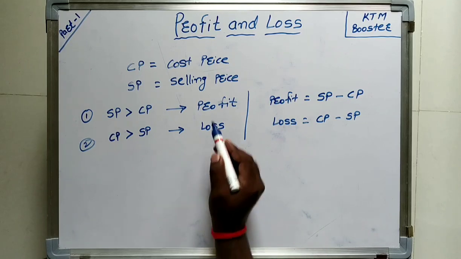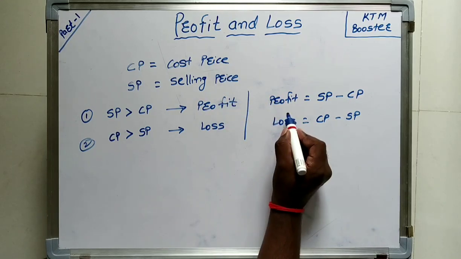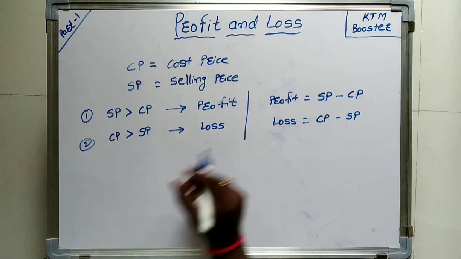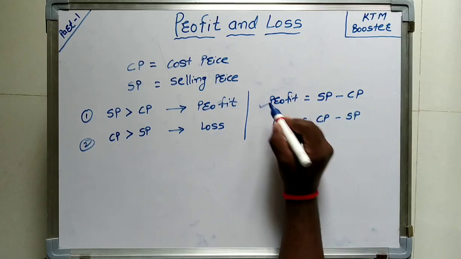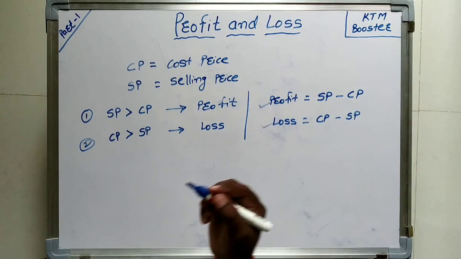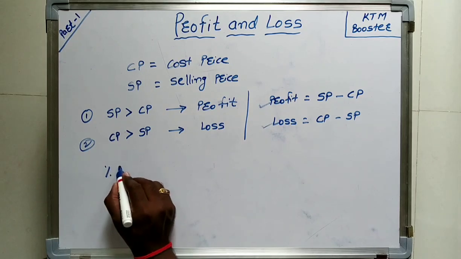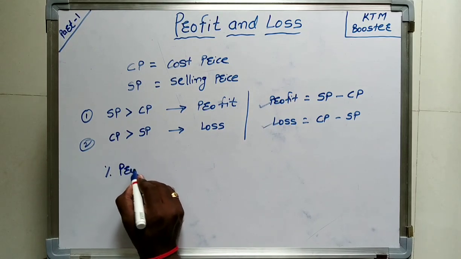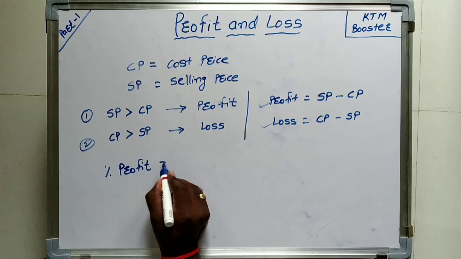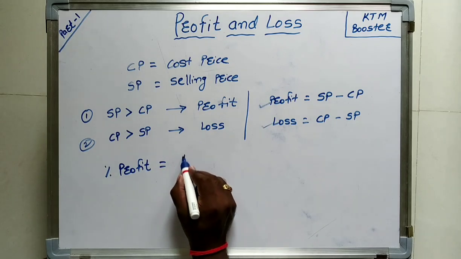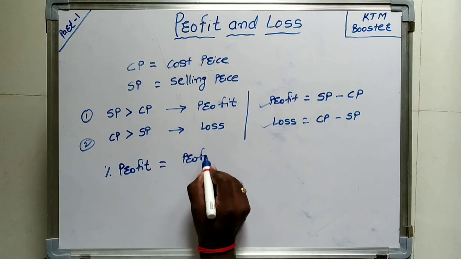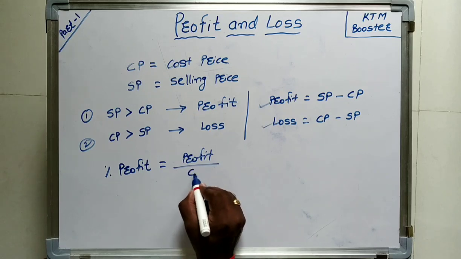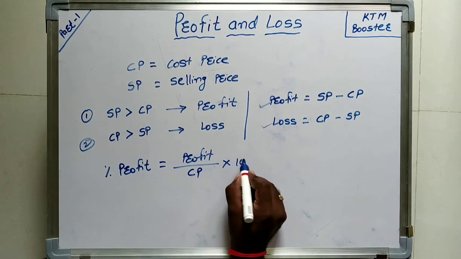Now we will see the percentage profit, right? This is what the profit, this is what the loss. Now we will see the percent profit equal to, we have the formula, that is profit divided by cost price multiplied by 100.